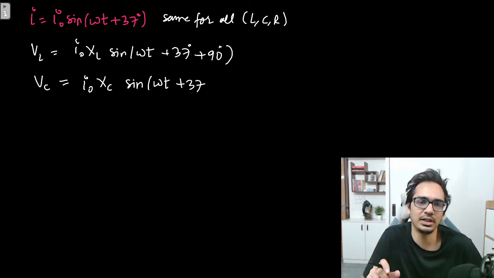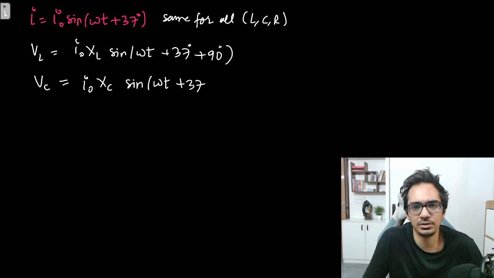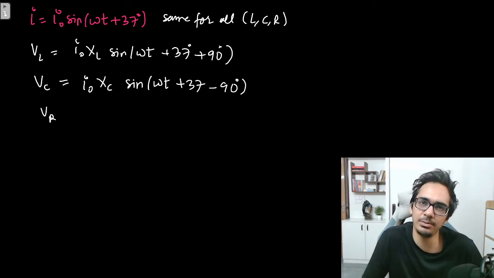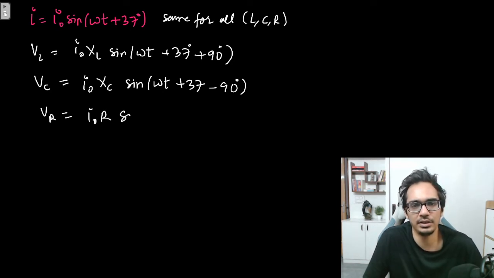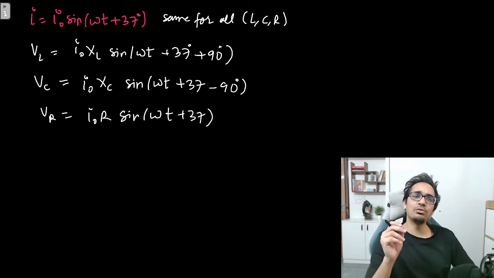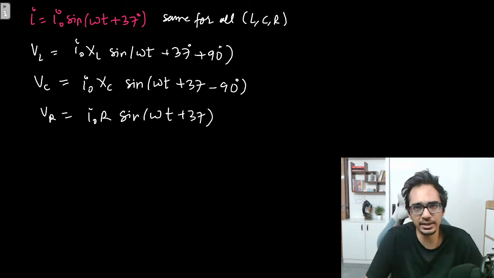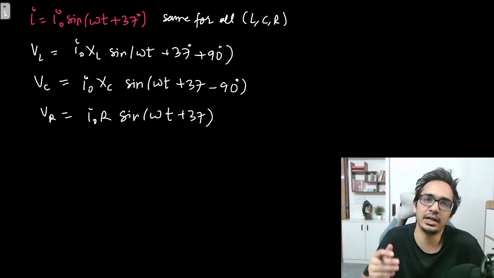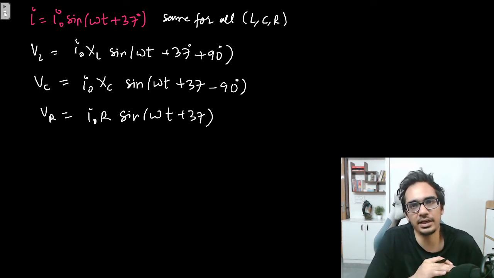Omega t plus 37 is the phase of the current, so the voltage across the capacitor will lag this current by 90 degrees, so minus 90 degrees. And the voltage across R is in phase with the current, so I naught into R sine omega t plus 37 degrees. So these are the values of voltage across the inductor, capacitor and resistance at any time t. First get the equation of current, and then the current is the same for all.